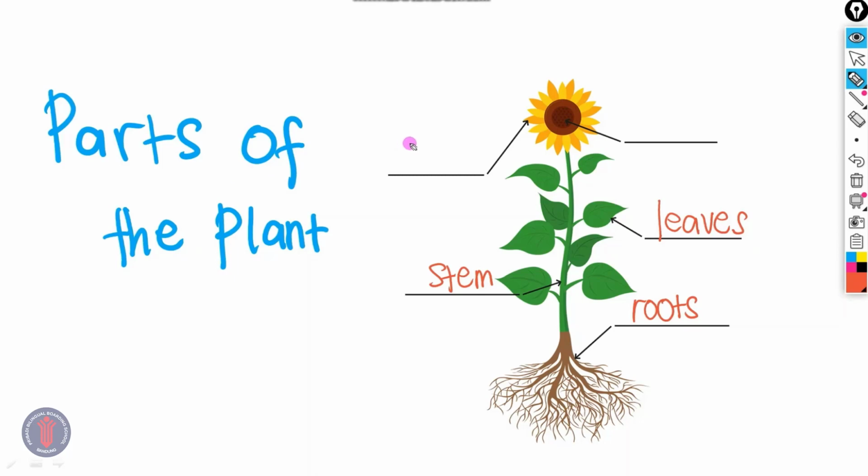What do we call it? Yes, flower. Well done. And then here we have the sunflower, and in the middle of the flower we have the seed. Okay, so yeah, those are the parts of the plant.